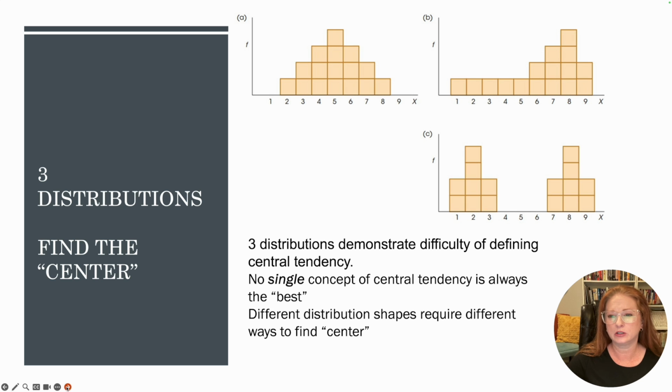Okay, so take a couple seconds to look at these different frequency distribution graphs. Graph A is a perfectly symmetrical distribution. In these 3 distribution graphs, you might have a more difficult time describing what the center is. A is pretty simple.